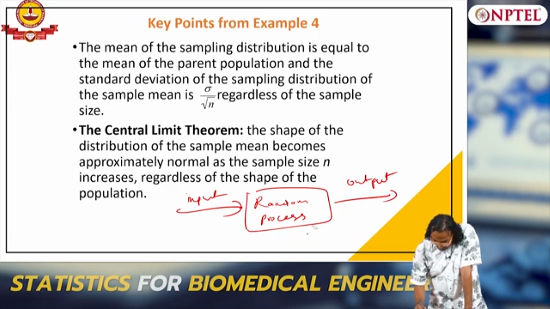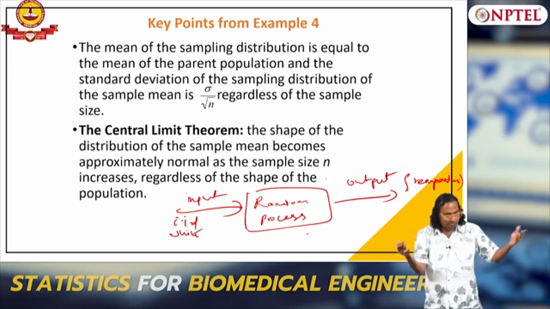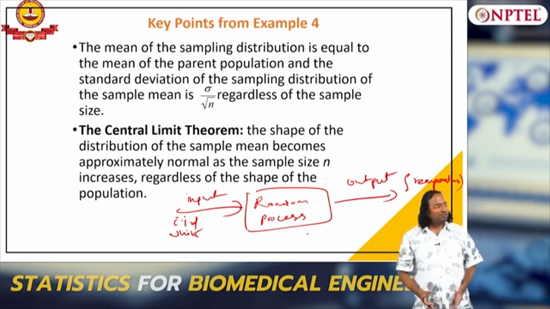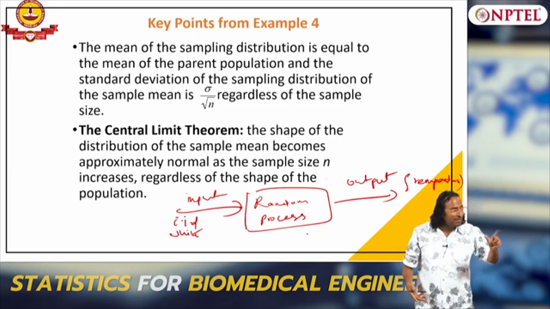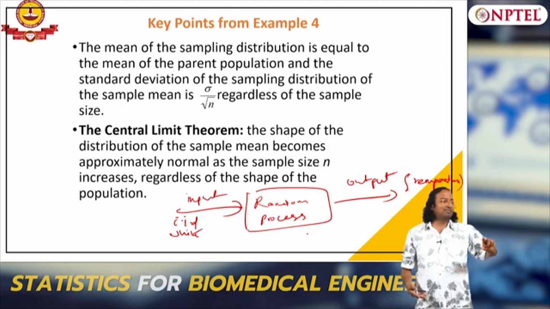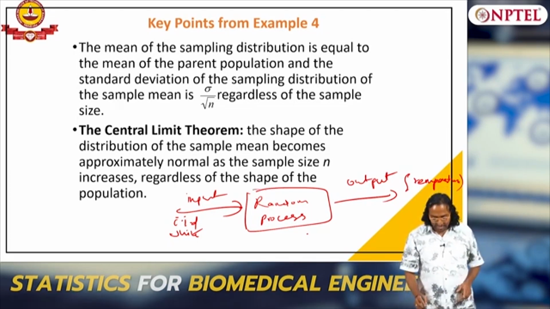Okay, so this input for this temperature case, what do I assume? IID white. But there is a random process which takes this input and then gives out a temperature, which can be related, which depends on the past. So, it is a random process.